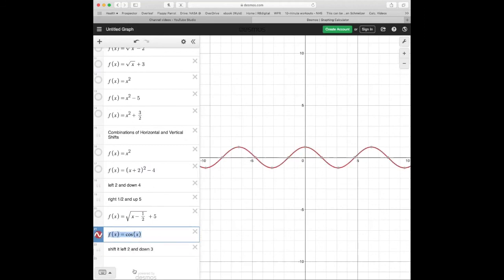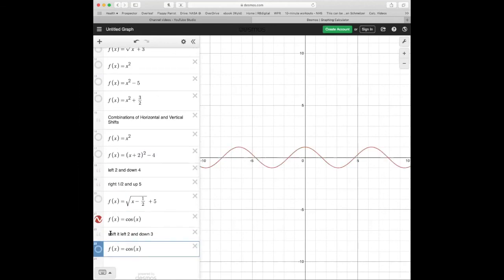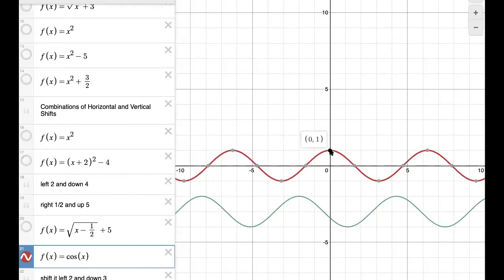Well, a left 2 is a horizontal shift, so that's going to be +2 inside with the x. Down 3 would be -3 outside of that basic cosine function. This point here that was at 0, 1 has gone down 1, 2, 3, then left 1, 2.